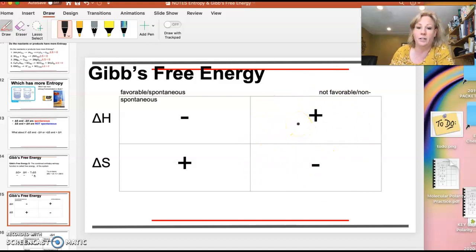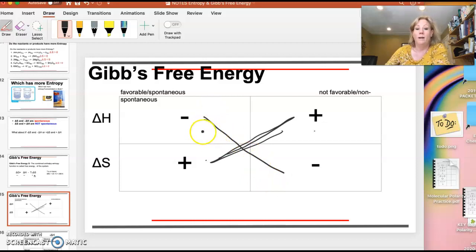So the question is when you have the two, when I have this and this, so I have a yes and a no, that's where we would plug it into the Gibbs free energy and see whether we get a negative value to know whether that's spontaneous. Same thing here. I have a yes and a no, so that when I plug those in, I have to see what the value of my G will be.